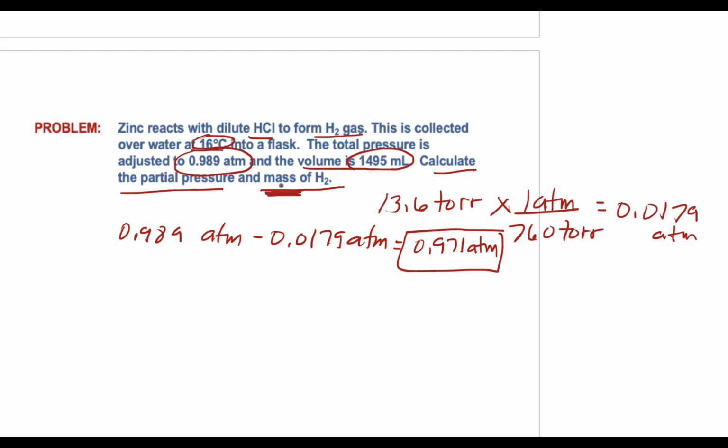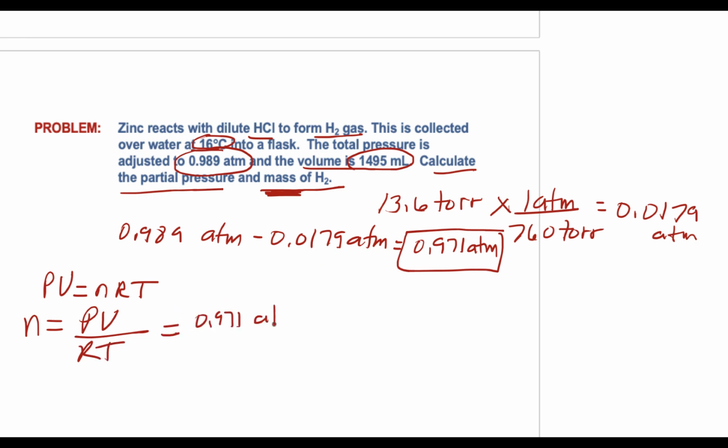We've calculated that, but now they also want the mass of the hydrogen. So what we can do is use PV equals nRT. Solve this for n. That's going to be PV over RT. So the pressure is 0.971 atmospheres times the volume, which is 1,495. Oh, that's in milliliters. We need that in liters.